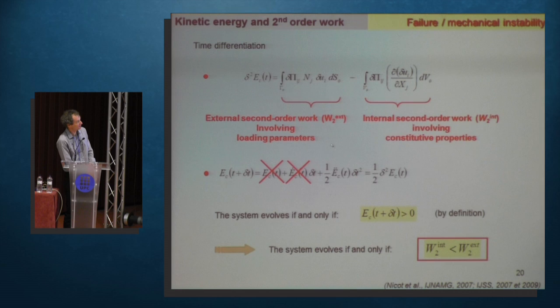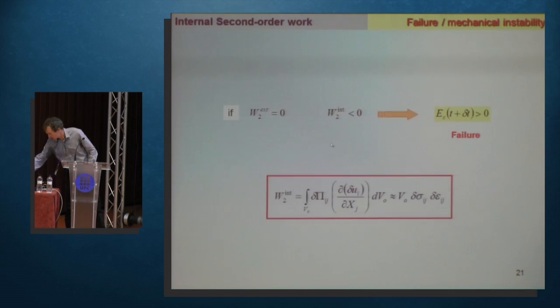Failure for us means that we could have an increase in the kinetic energy, and this increase in the kinetic energy is due to the difference we can have between the internal and the external second order work. So this is why in the following I will focus on the internal second order work, assuming that the external second order work can be zero.